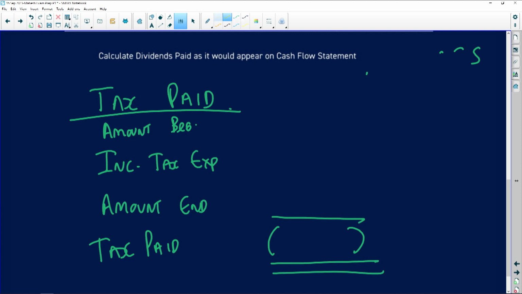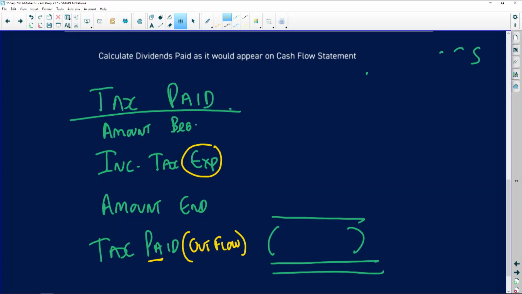Once again, remember, this is the expense, and what was paid is the outflow. So there's a difference between the two. Expense, what I should pay for the year, but I may have not paid everything. Tax paid, what I actually paid for the year. Big difference, right? I should have paid 100,000, but I only paid 80,000, or I overpaid 120,000, whatever the case may be.